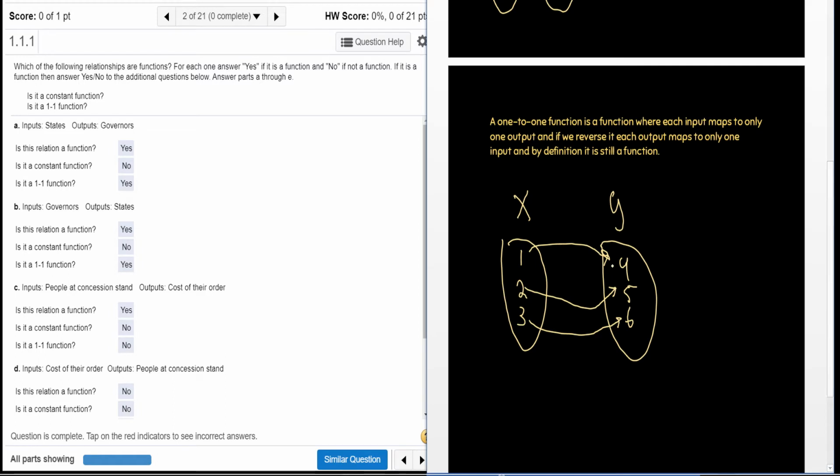And if we map it back, each y maps back to one x. That is still a function. This is a one-to-one function. So by definition, if we map it back and each output goes to one input, and it's still a function, it's a particular type of function called a one-to-one function. And there are other sub-definitions on this too.